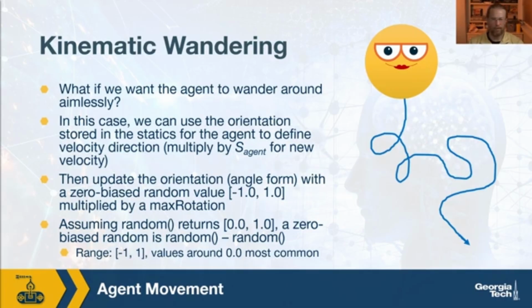So we'll rotate more or less, depending on this random number generation. What we would like is to generate a random value between -1 and 1, but that tends more often than not to be at 0 or around 0.